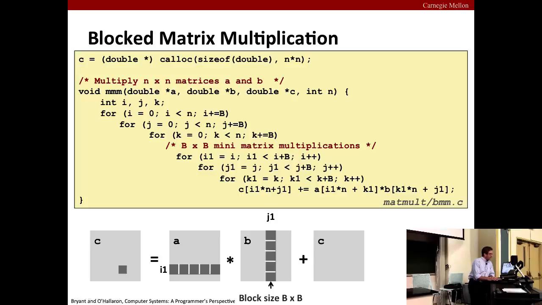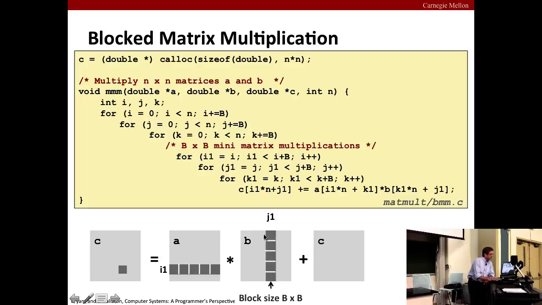This B by B subblock in C is computed by taking an inner product of a set of subblocks in A with a set of subblocks in B. And for each one of those, we're doing a little mini matrix multiplication.